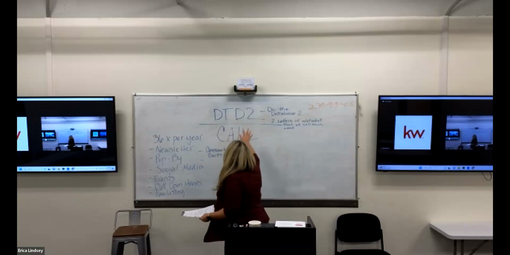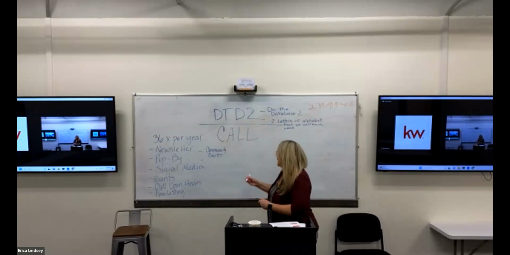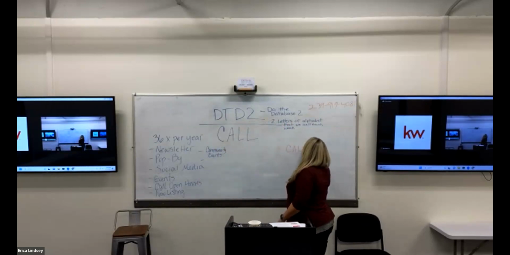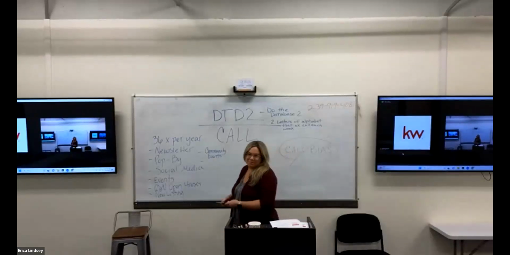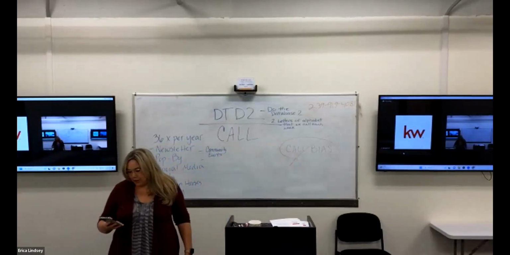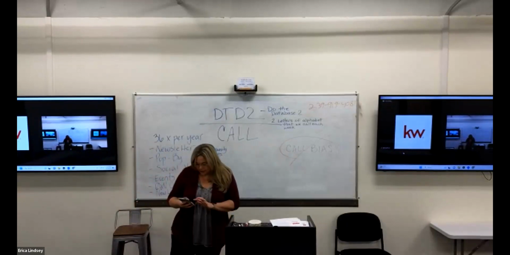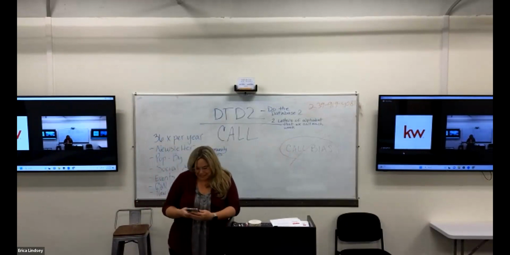The system DTD2 also eliminates call bias. Do you guys know what that is? We all have call bias, whether we realize it or not. I'll give you an example. Have you ever gone through the phone as you're lead generating and said, I'm not going to call them.